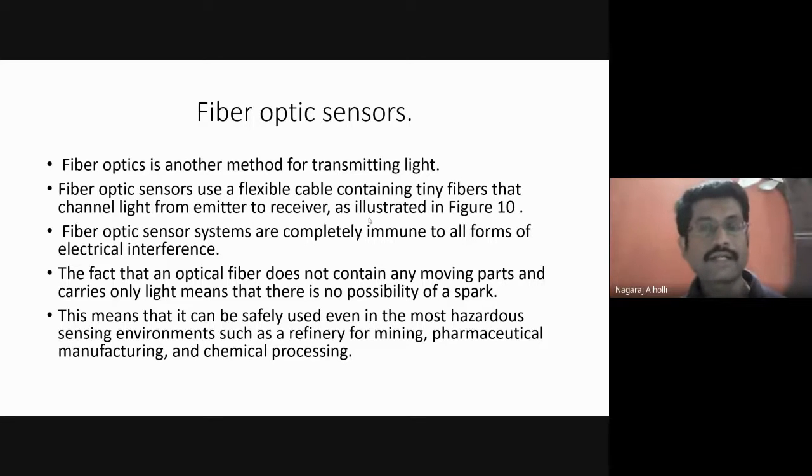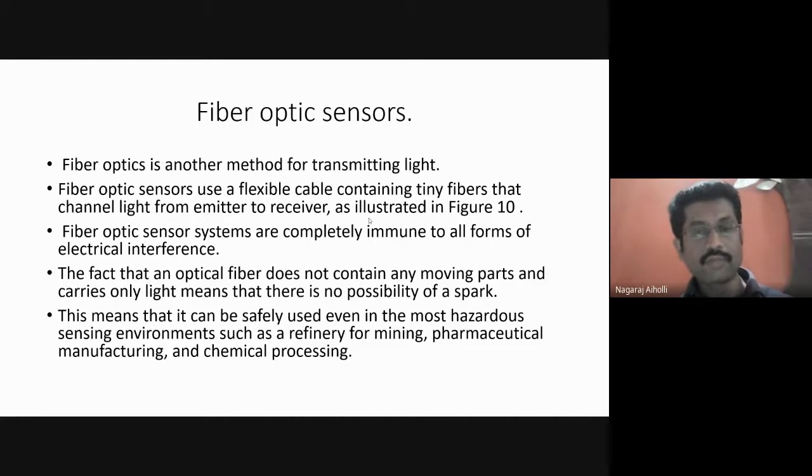And it does not contain any moving parts also. In the previous sensors, the photoelectric sensors, there was transmitter, receiver. Here it does not consist of any moving parts as such, and hence spark is avoided. If there are moving parts, what will happen? There is friction caused between the parts of the sensor, is it not?